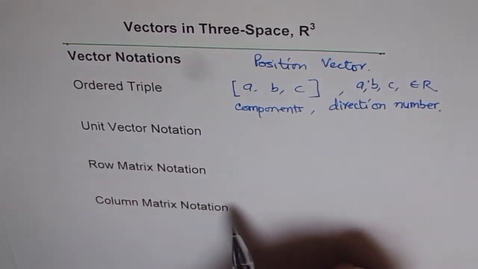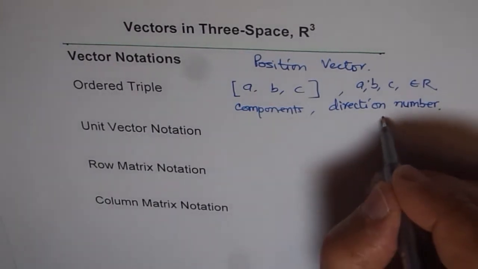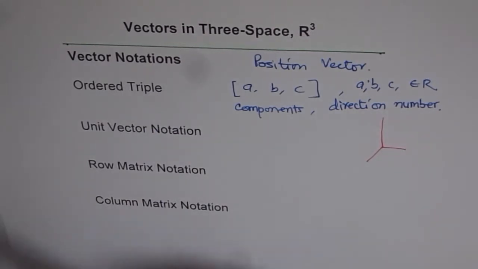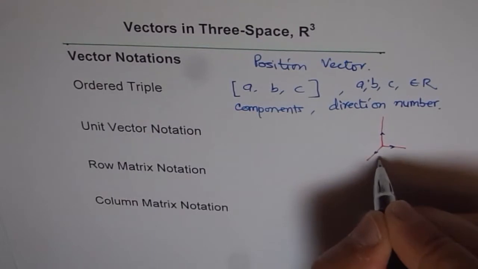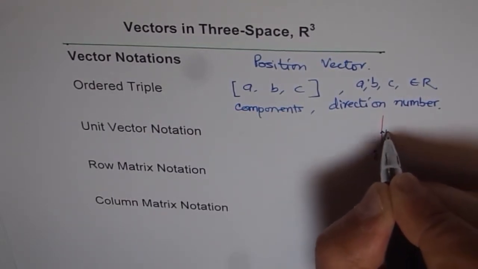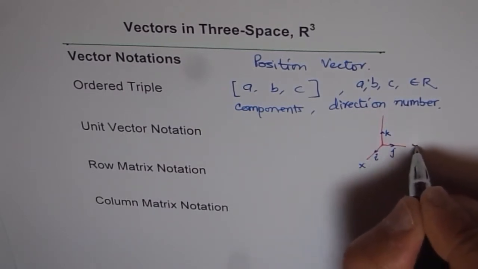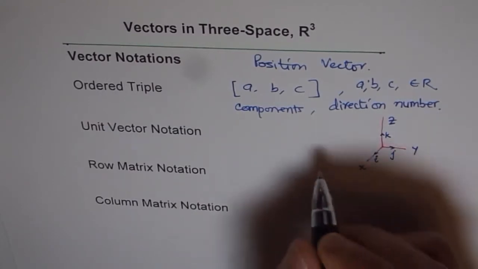Now, unit vector notation is representing these vectors in the form of i, j, k, where i, j, k are unit vectors along the x, y, and z axes. I is along the x-axis, j is along the y-axis, and k is along the z-axis.